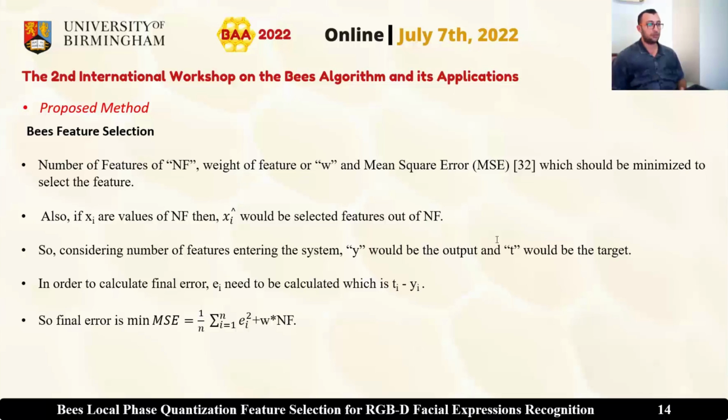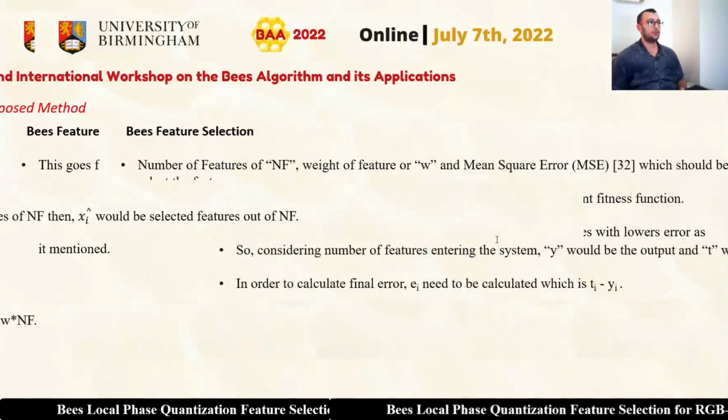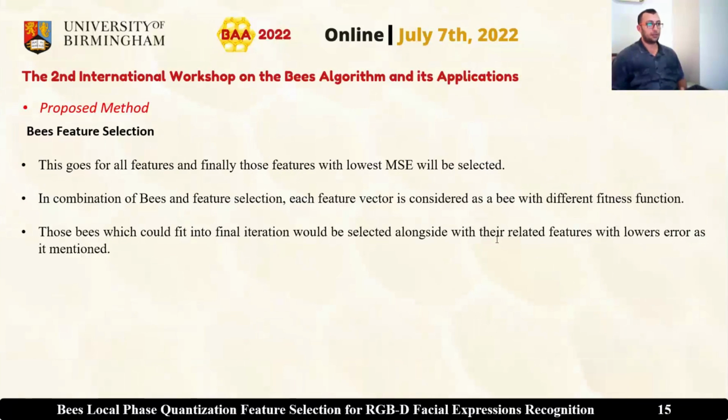Considering the number of features entering the system, y would be the output and t would be the target, so the difference between the output and target would be our error. To calculate the final error, ei needs to be calculated, which is ti minus yi. So the final error is MSE plus the weight of the feature multiplied by the number of features. This goes for all features, and finally those features with the lowest MSE will be selected.